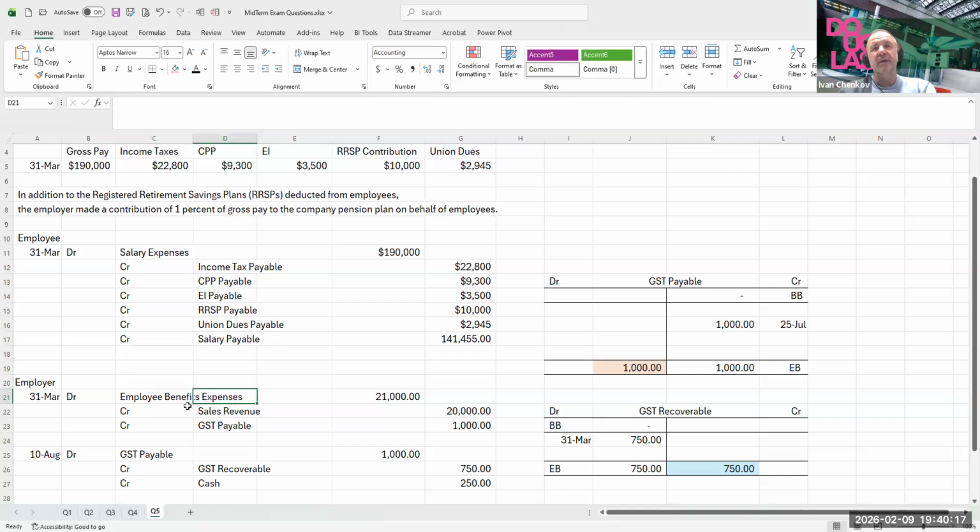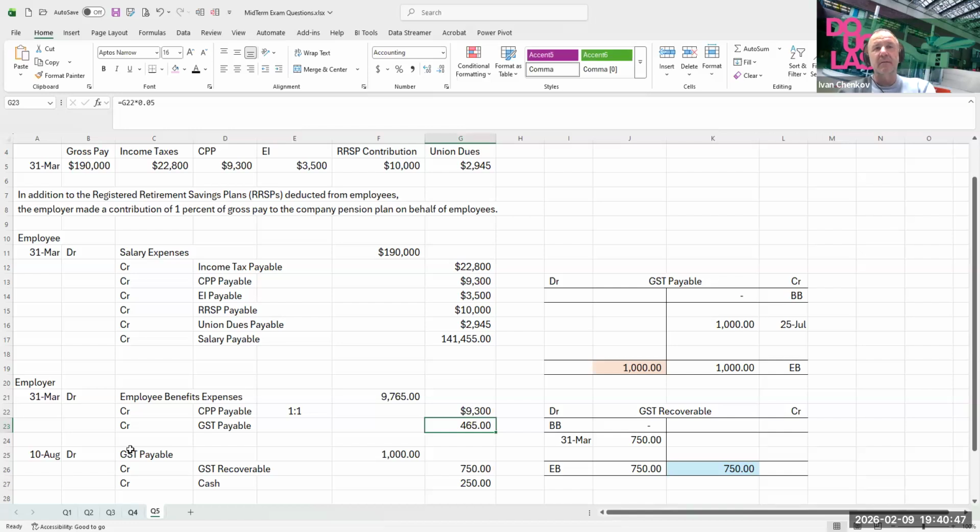How much it's going to be, we have to see. First, remember, the employer has to match Canada Pension Plan one-to-one. So that will be exactly equal to Canada Pension Plan.